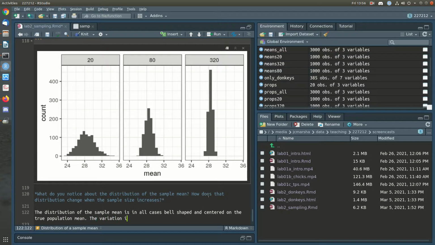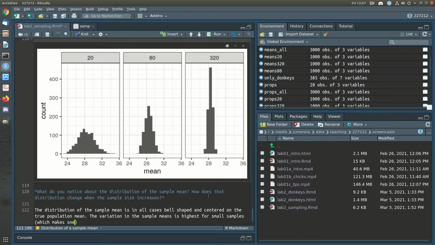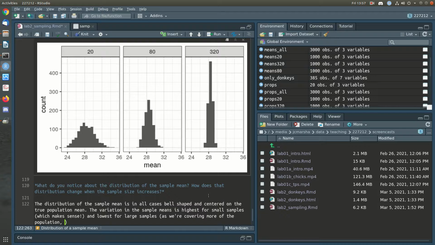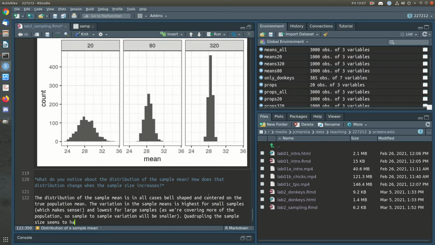The variation in the sample means is highest for small samples, which makes sense, and lowest for large samples, as we're covering more of the population, so sample-to-sample variation will be smaller. Right, so that all makes sense. And we see that same relationship, that quadrupling the sample size seems to halve the sample-to-sample variation.